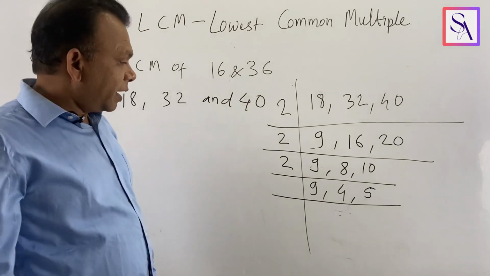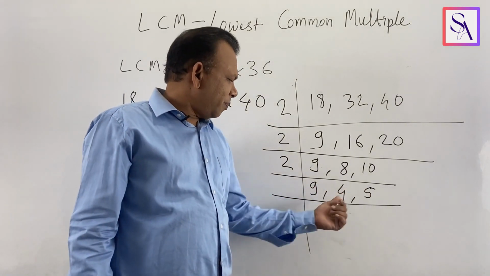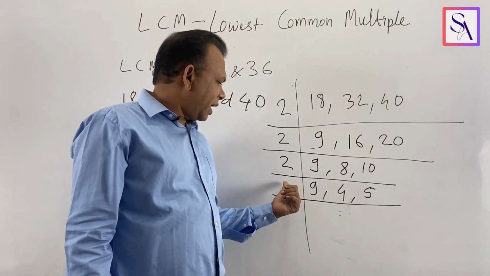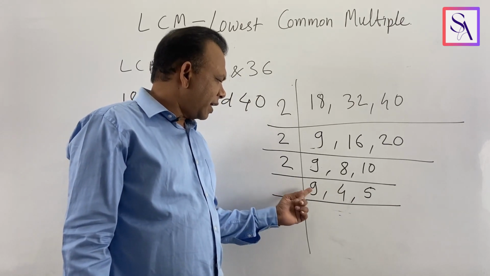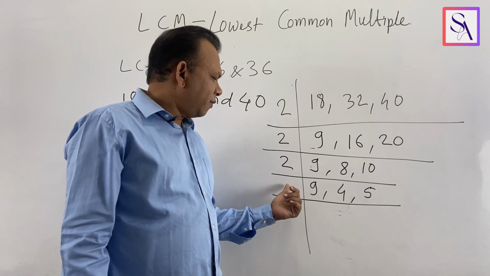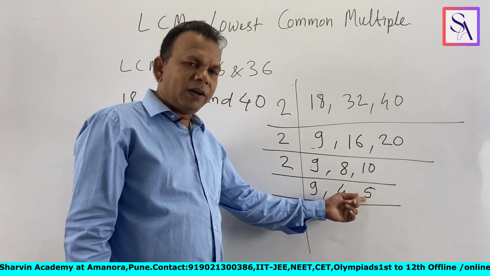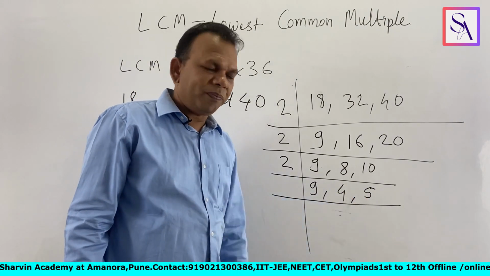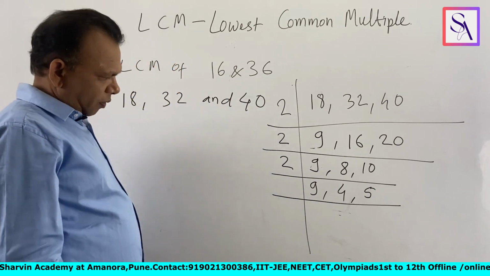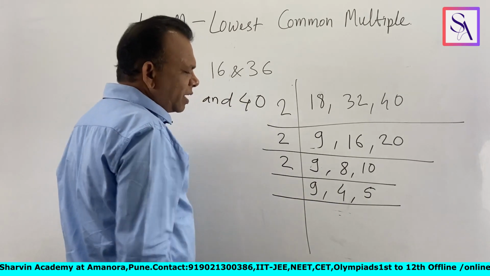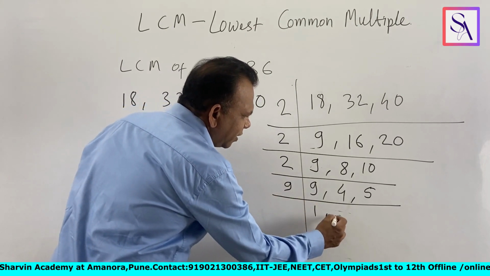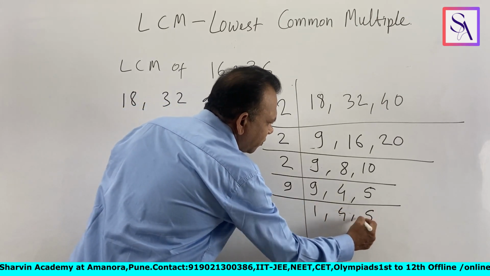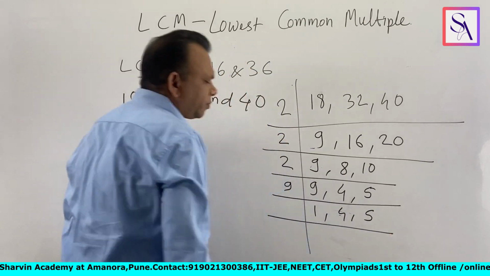Now interestingly 3 different numbers came. If I take 2 here, I can divide this 4 only. If I take 3 here, I can divide 9 only. If I take 5 here, I can divide 5 only, right? 3 different numbers came. So what to do? The shortcut method is that I will divide by 9 itself. 9 1s are 9, 4, 5, right?